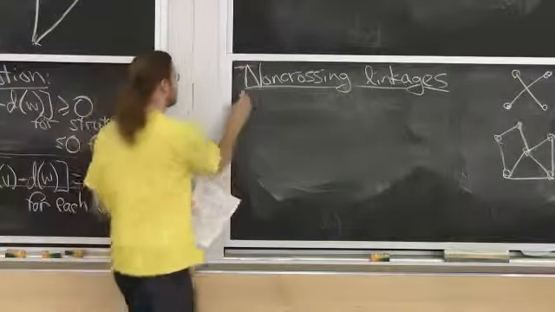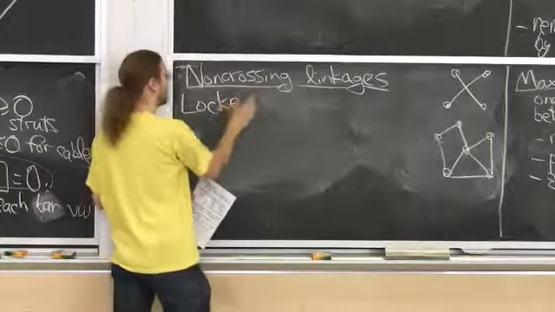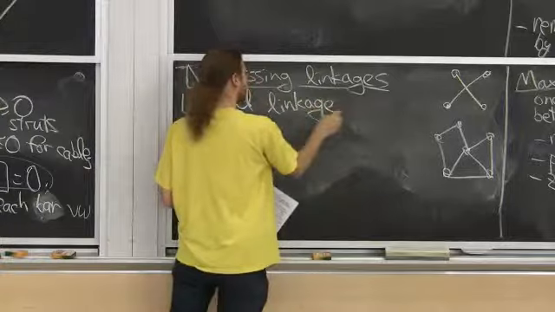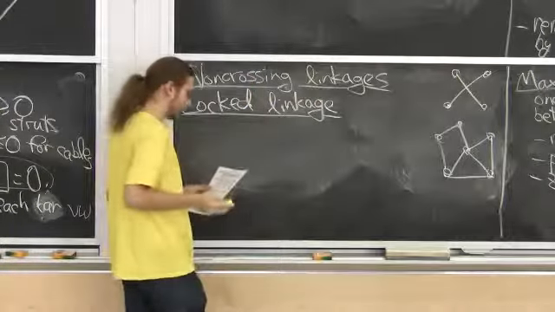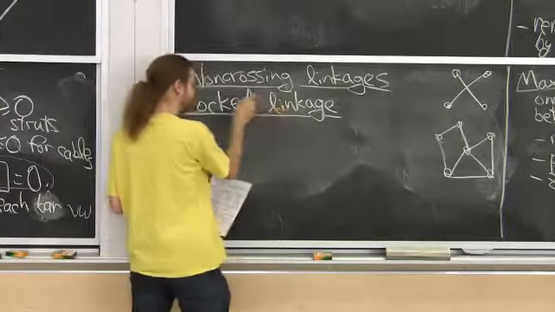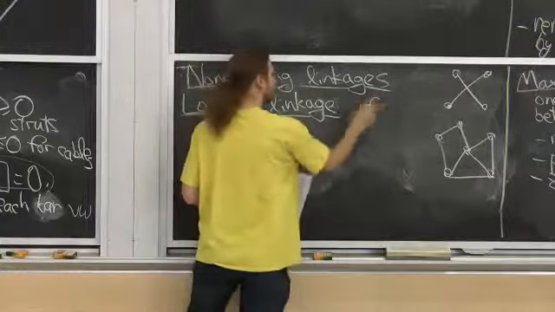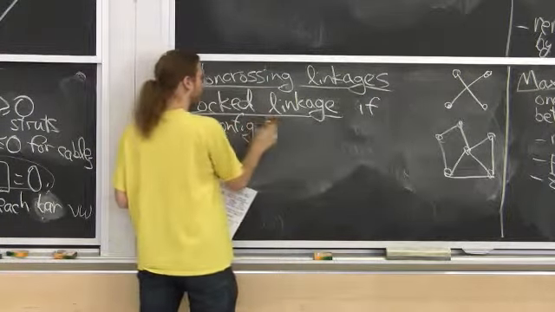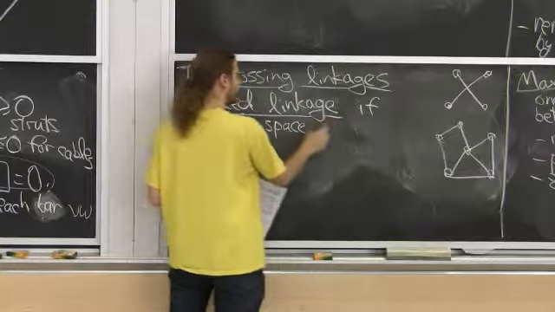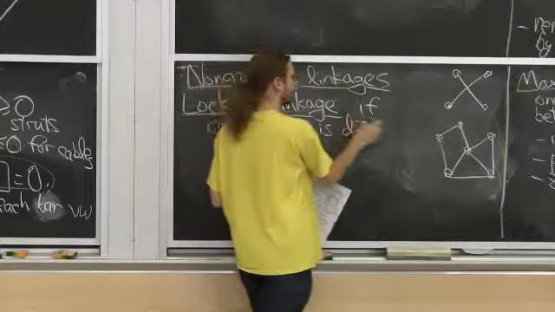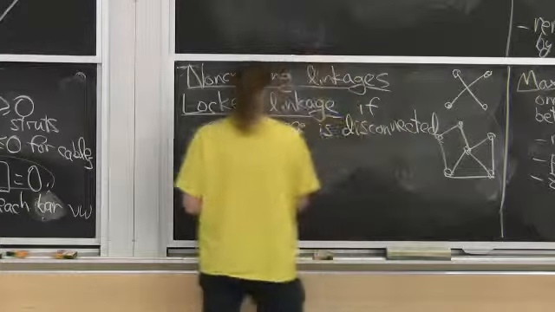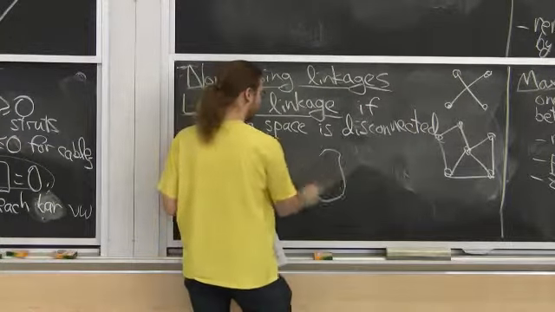And now what we care about is something called a locked linkage. A linkage is locked if its configuration space is disconnected. So the configuration space would look something like this.